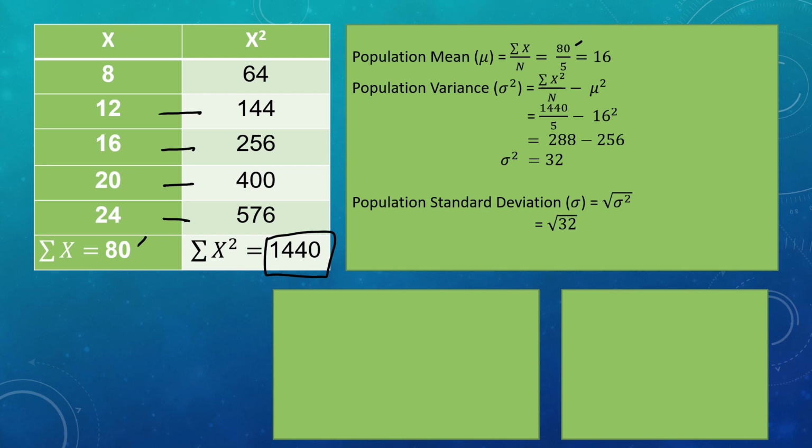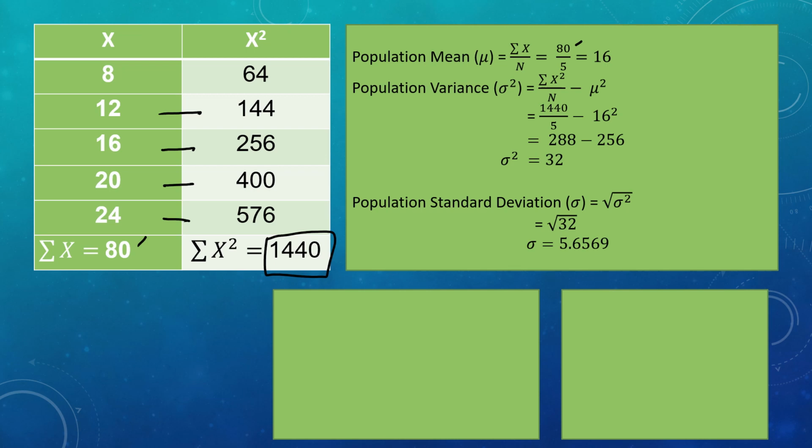The value of the square root of 32 is equal to 5.6569. Again, I'm going to repeat: if we're going to find the sigma, we need to round this up to 4 decimal places so that we can get the most accurate value for our mean, variance, and standard deviation of the sampling distribution of the sample mean. Now, we already have the value of the population mean, population variance, and population SD.